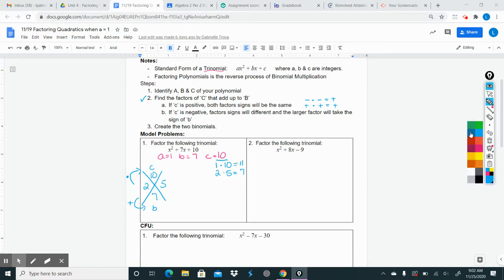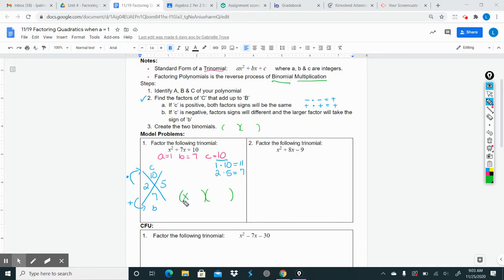My last step is to create the two binomials. So you're going to create your double set of parentheses, and your first term in each binomial is going to be the factors of x squared, because remember binomial multiplication, when we multiply, x times x gives us x squared.